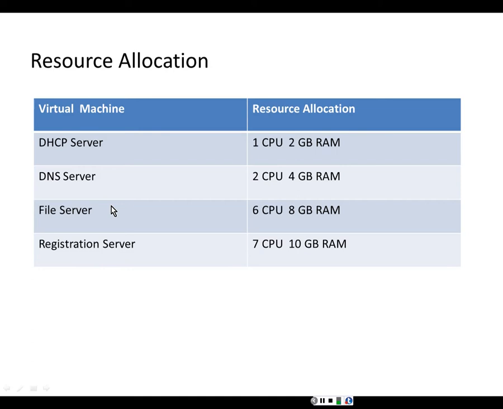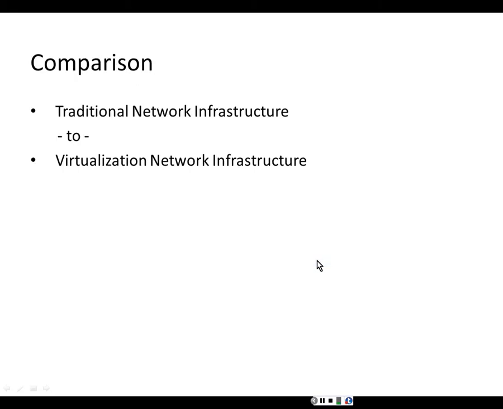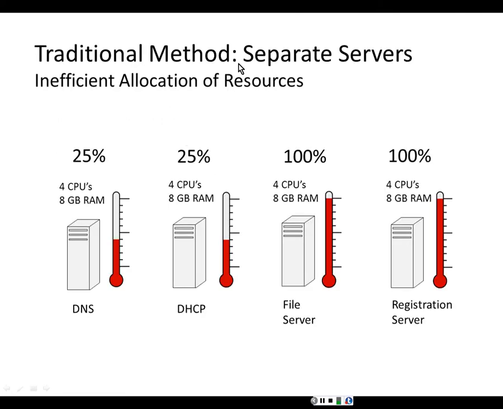Multiple operating systems running on one big computer, but different operating systems are using different numbers of CPUs and different amounts of RAM. So if we compare the traditional network infrastructure to the virtual network infrastructure, in the traditional method with separate servers, the disadvantage is inefficient allocation of resources.